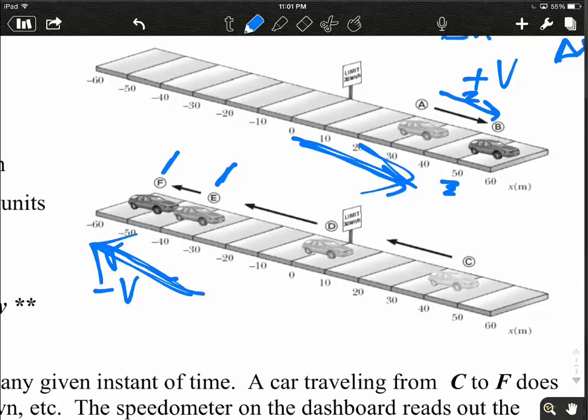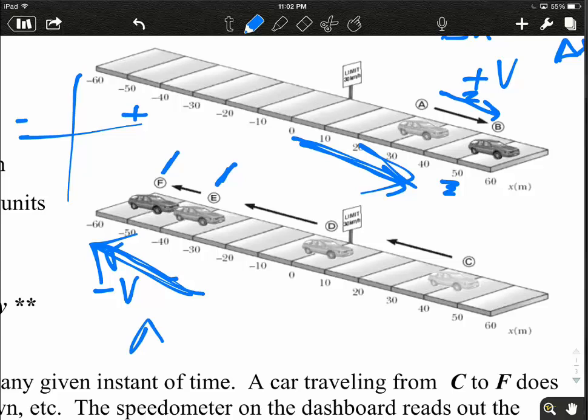And you can set whatever way you want for negative and positive, but usually you make to the right positive, to the left negative, kind of like a graph, right? If you had a graph, this would be the positive x-axis, this would be the negative, so we kind of keep along with that.